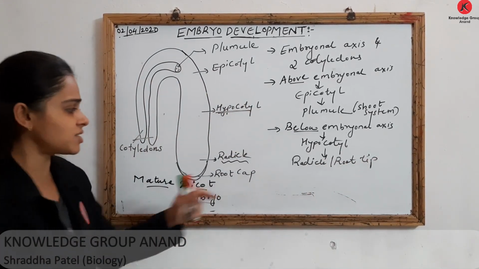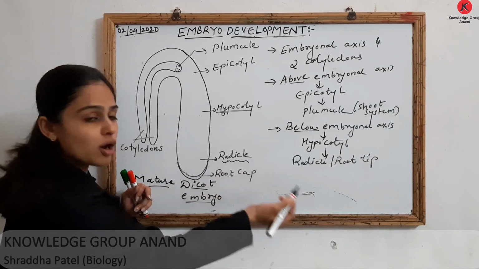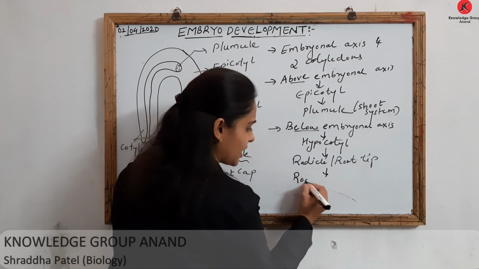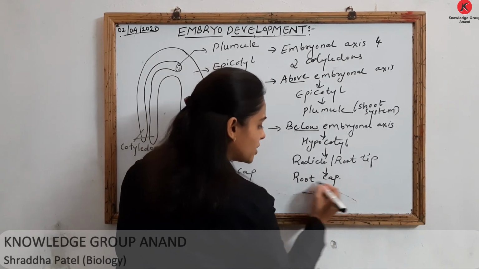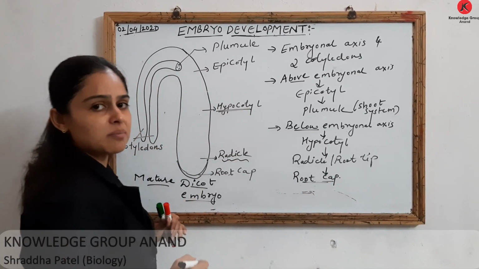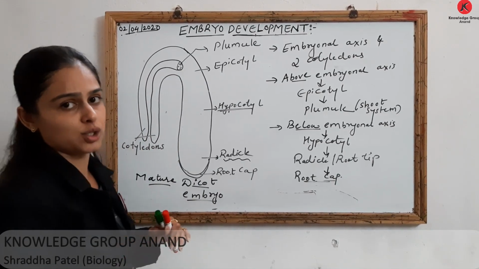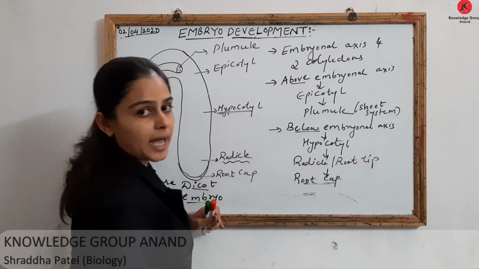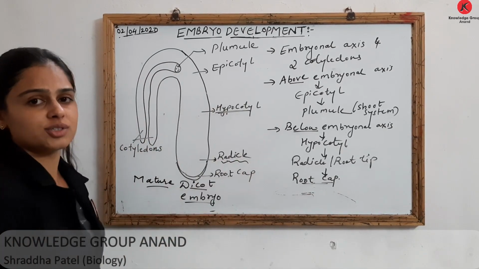Mostly the root tips are protected by root cap, as they are very delicate meristematic zone, तो उसका protection तो बनता है, right? And this is done by our root cap. Now this is the overall structure of your dicot embryo.